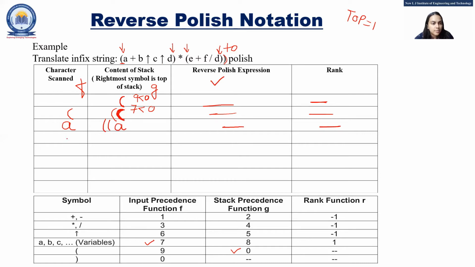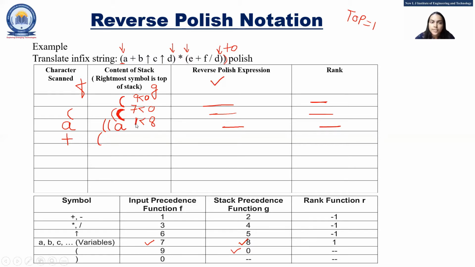Now, next is plus. Now we have to check for this A. What is G of A? It is 8. What is F of plus? Plus has 1. Now students, 1 is less than 8, right?